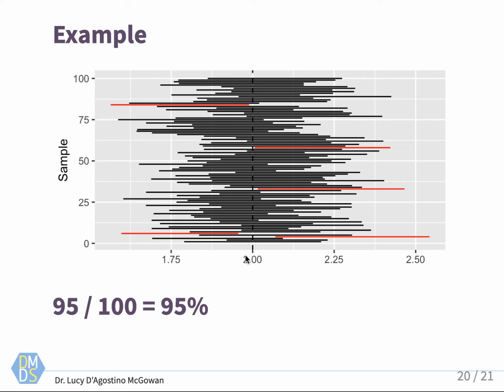So the confidence interval for the coefficient for age is 1.8 to 2.2. And this means that if we were to repeat this process many, many times, we would expect that 95% of the intervals calculated would contain the true parameter for age.